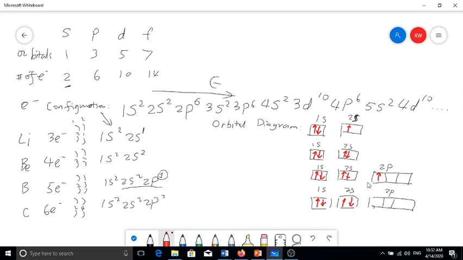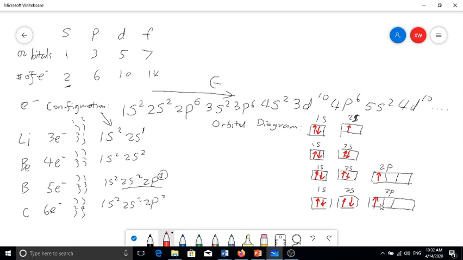Here comes the last rule about filling electrons. When you have 5 electrons and the 6th electron comes in, when you have empty rooms like this, and there's no energy difference, the electron tends to take its own orbital instead of being paired with another electron in an already occupied room.